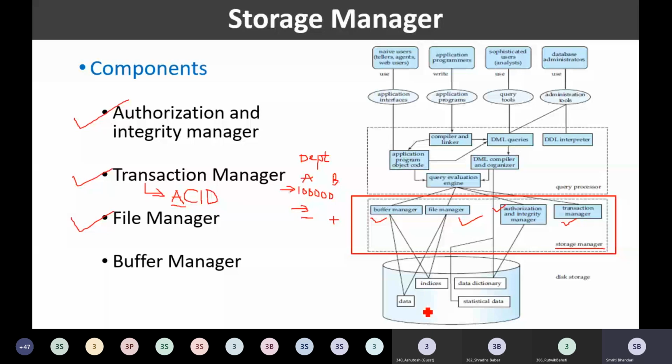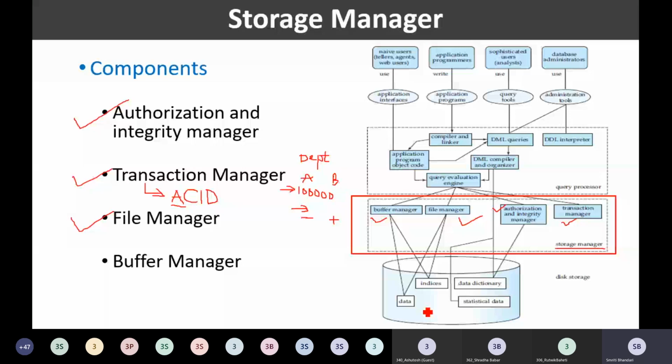So actually the data is stored in the form of files. We may have many number of files, or the database management system is using some complex data structures to store that data, to handle that data, right?